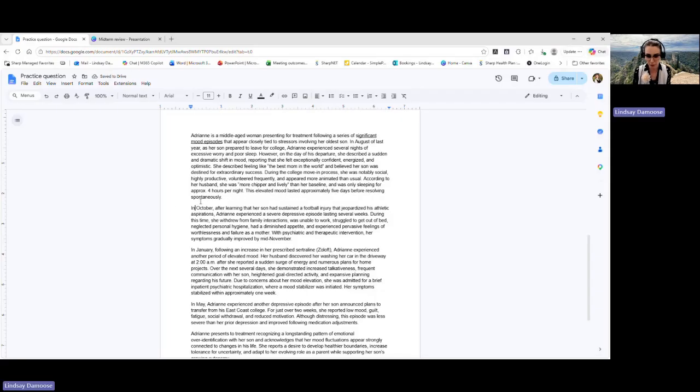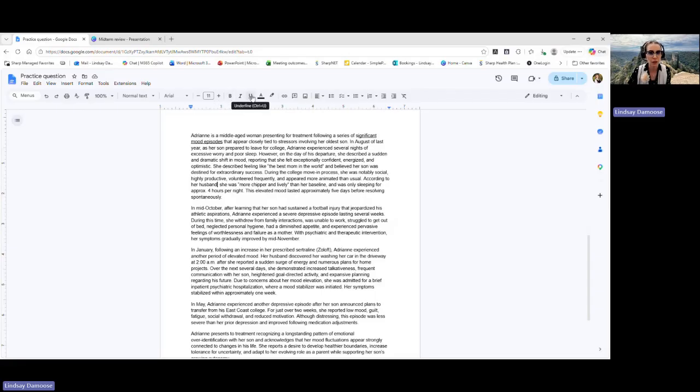And then I'm going to fix one more thing. Just a glimpse into my thought process. During the college move-in process, she was notably social, highly productive, and volunteered frequently, appearing more animated than usual. According to her husband, she was more chipper and lively than her baseline and was only sleeping for approximately 4 hours per night. This elevated mood lasted approximately 5 days before resolving spontaneously.